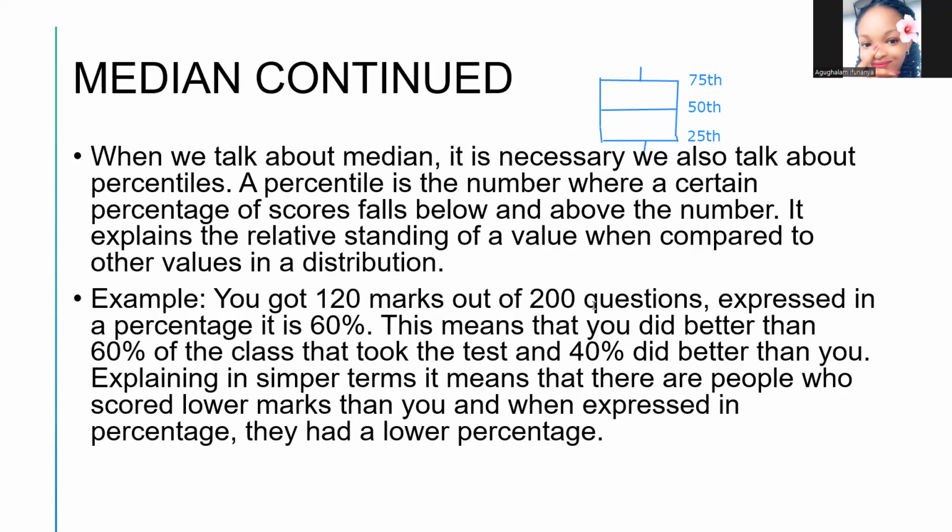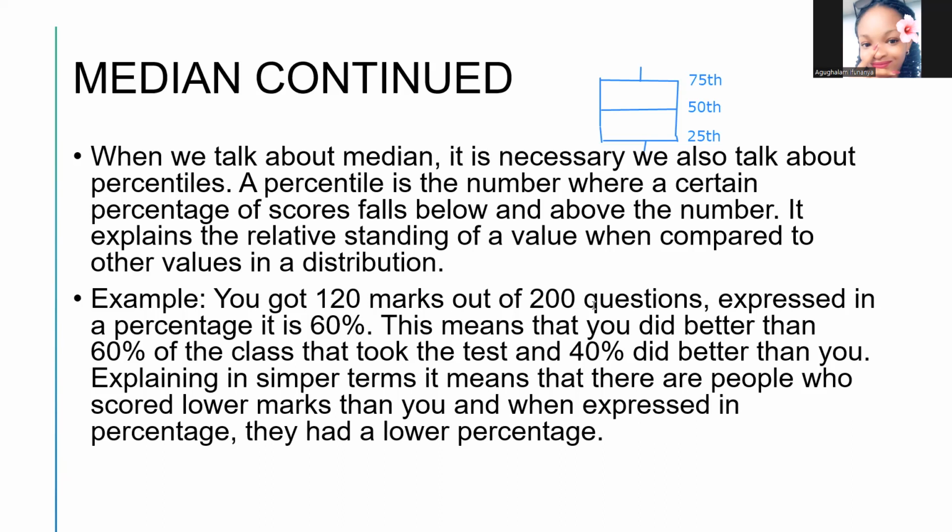let's say it means that there are people who scored lower marks. You scored 120 now. Somebody who scored 110 definitely will have a lower percentage than you did. And then somebody who scored 140 obviously will have a higher percentage than you did. So now out of everybody that took that test, you got 60%, meaning that all those people that got 58%, 53%, 40 something percent, you did better than them.